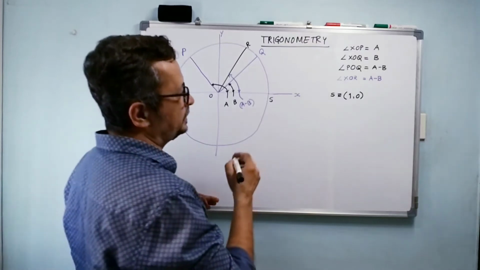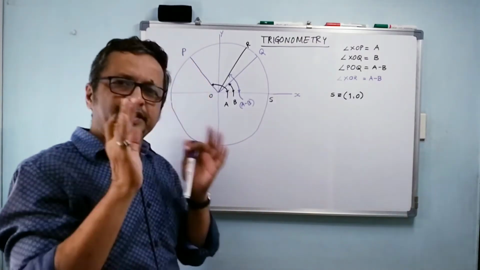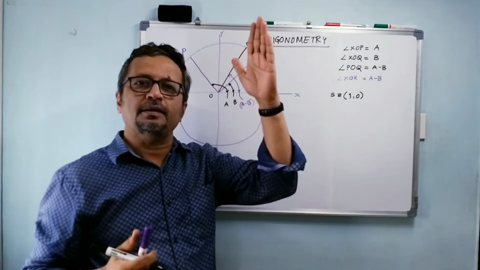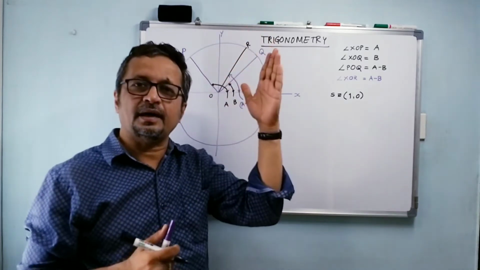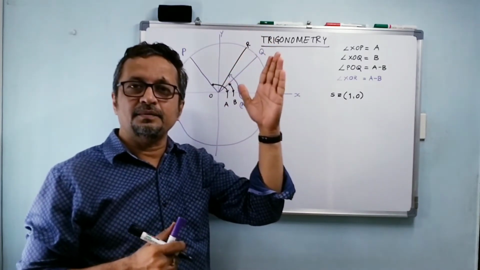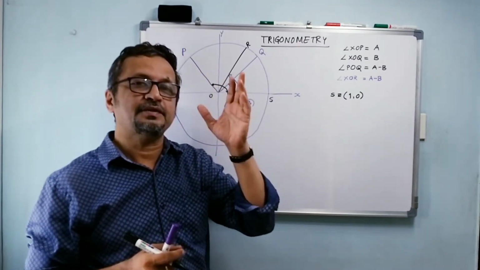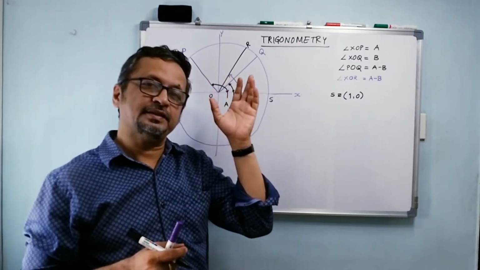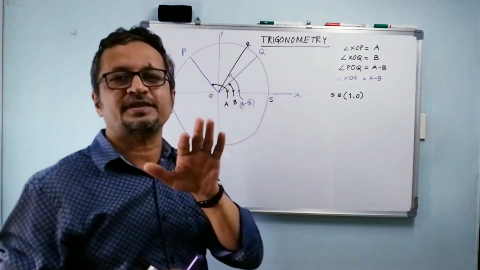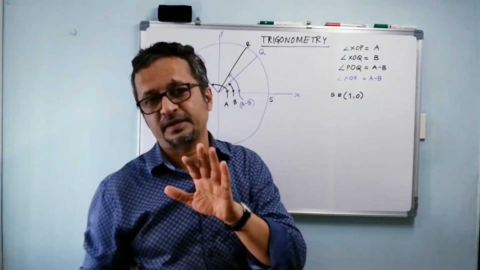Now here, in a unit circle, when the angle made by the position vector of a point P is theta, then the coordinates would be cos theta and sin theta for a unit circle, isn't it?